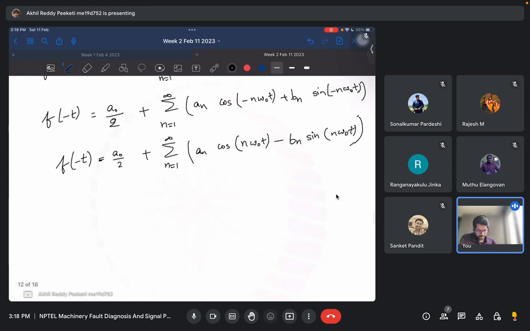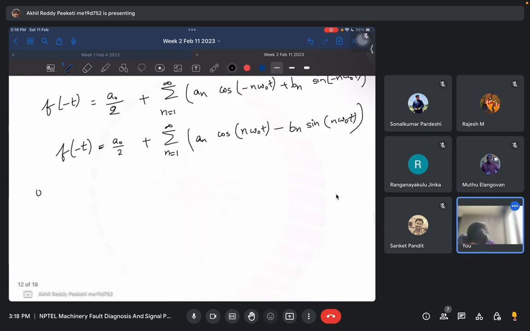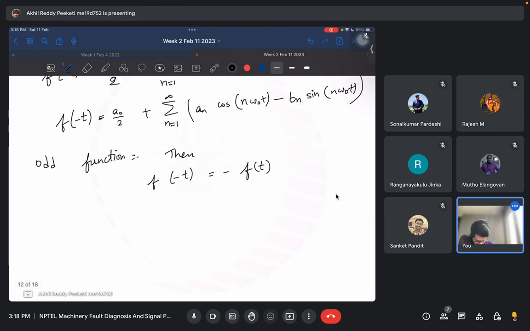Now if it is an odd function, then f of minus t is equal to minus f of t, right? So if we write that, f of minus t is a naught by 2 plus the sum of a n cos n omega naught t, so I am dividing the summation, minus b n sin n omega naught t.